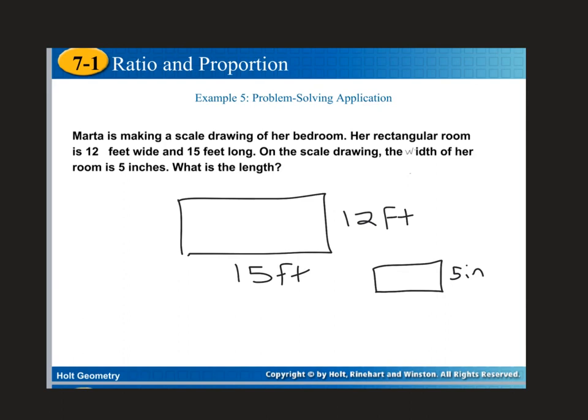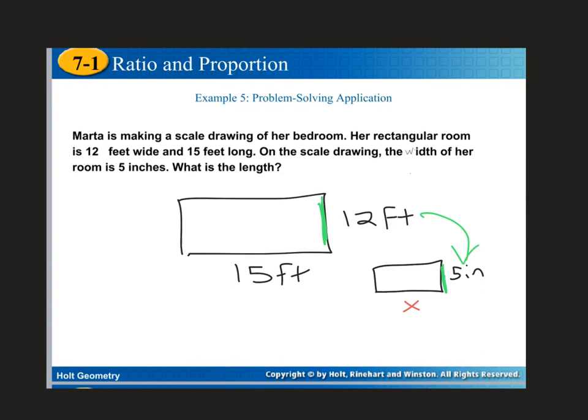And so the question is, what's the length of her room? So we want to know what this length is. We're going to set this up and match up the corresponding pieces. I can see that this is the width of the actual room. Here's the width of Marta's drawing.